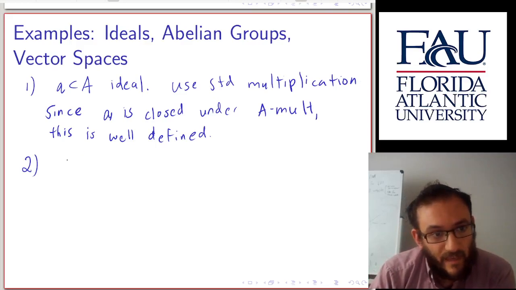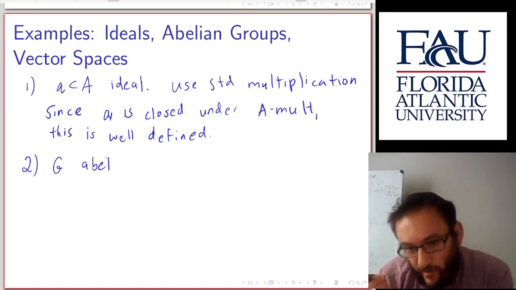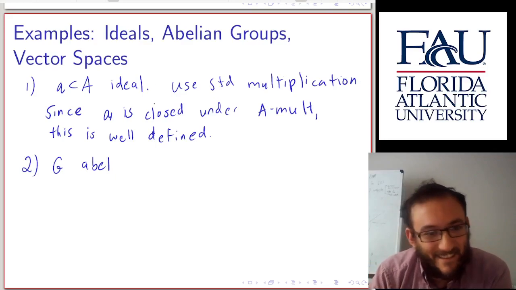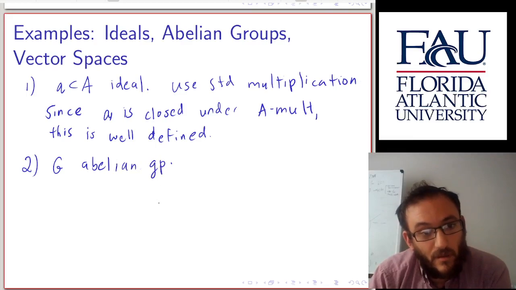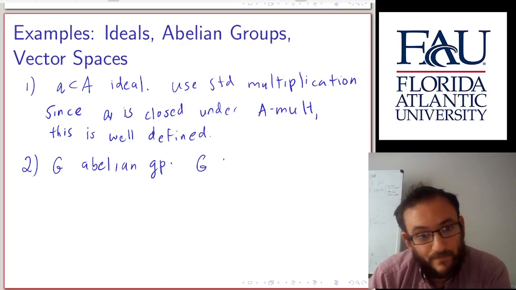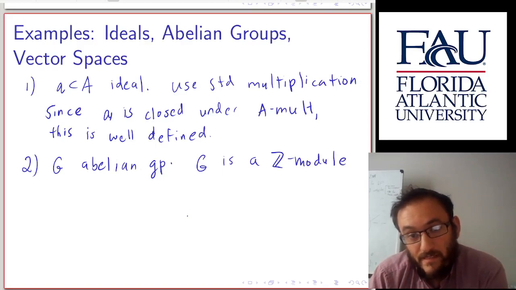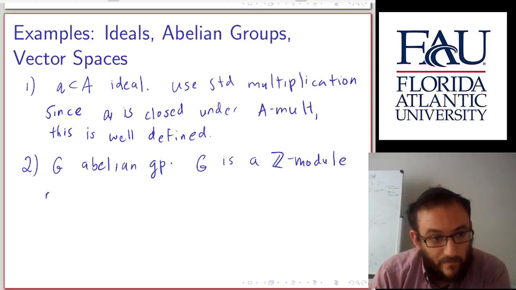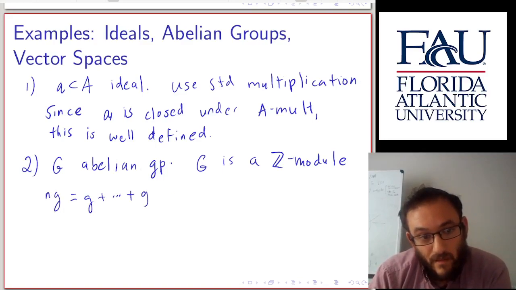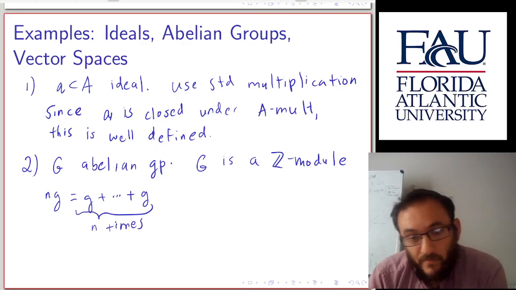Another example of a module is an abelian group. If you have G abelian, and these all appear in Atiyah-Macdonald, by the way, I'm not coming up with these randomly, then you can think of G as a Z module. Multiplication by Z is just, if you have nG, this is just G added to itself n times, which has to be legal because it's an abelian group.